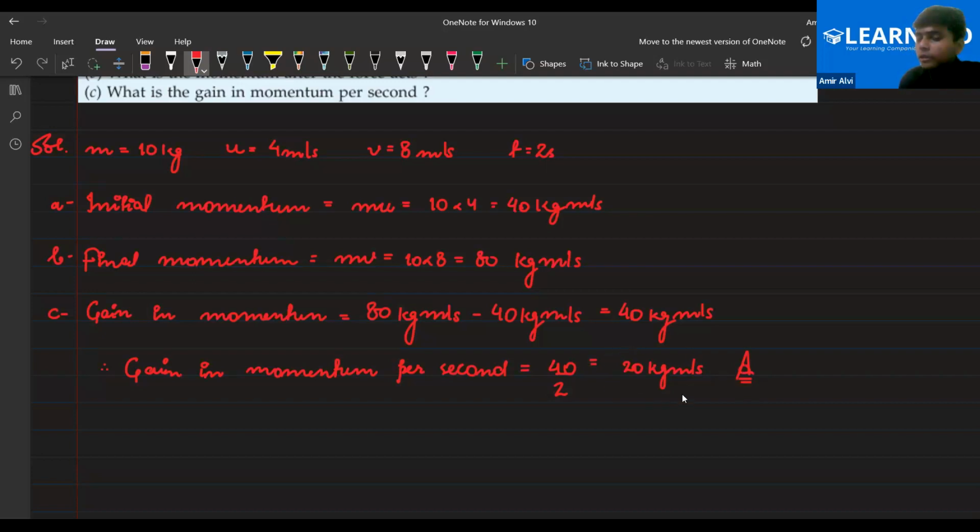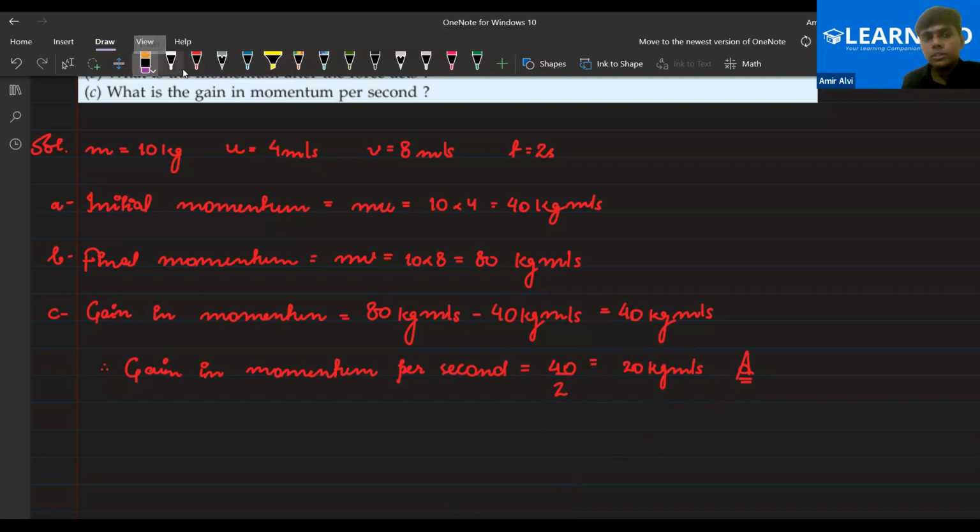Isn't it force? Change in momentum by time. Only the question has changed the statement, but actually it is asking nothing but the force, because change in momentum by time is nothing but force. So here the question is asking for momentum per second, so I'm not changing the unit.